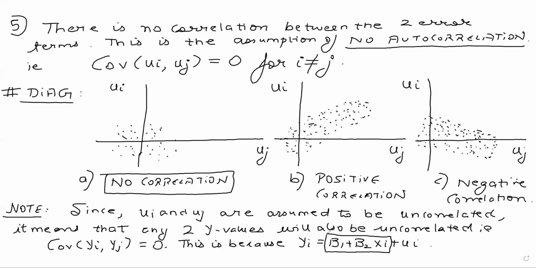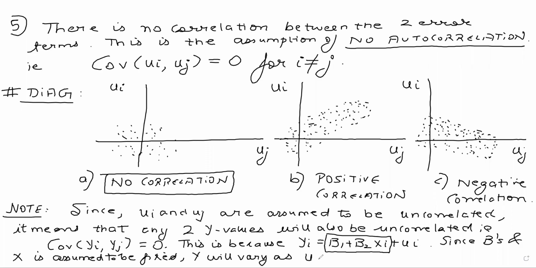So since the b's and the x's are assumed to be fixed, yi will vary as ui varies. So if the ui's are uncorrelated, then the yi's will also be uncorrelated.